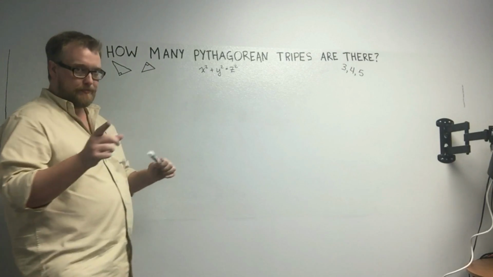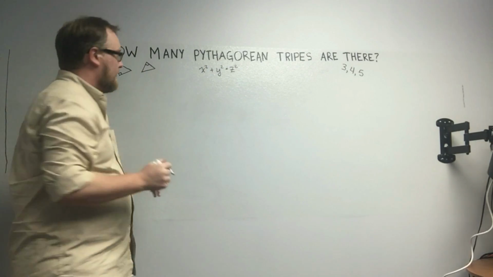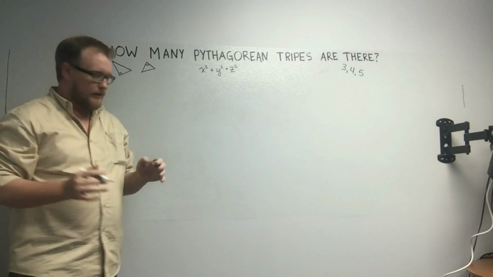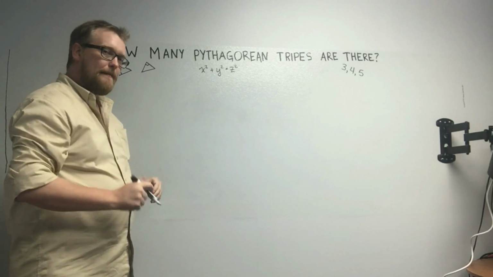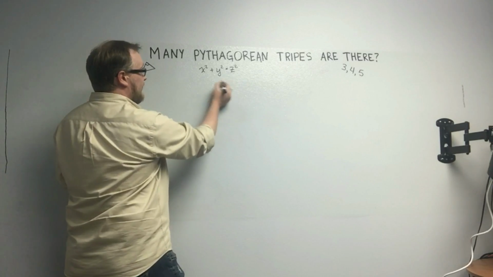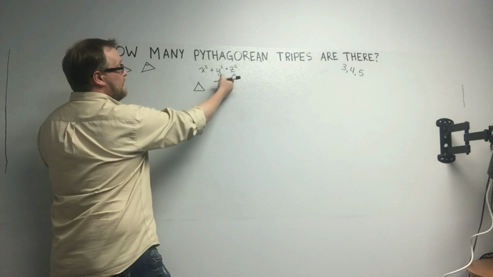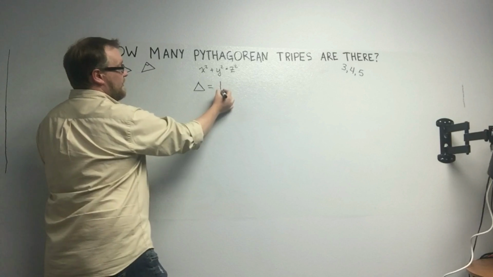So we can create a list utilizing an XY chart and a cute little formula. Let's say the distance between z and y is going to be 1.